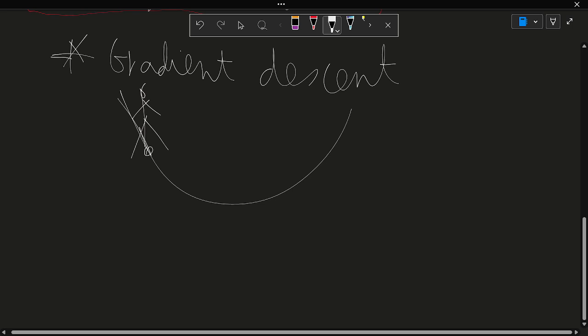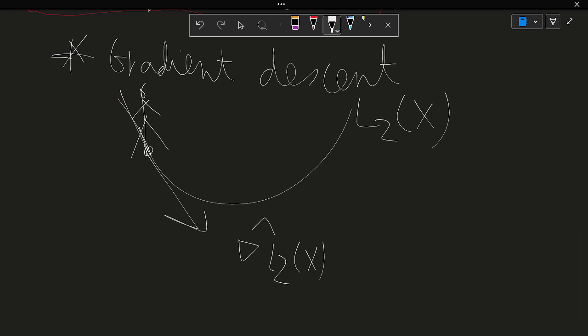The direction of the gradient tells you where to go, basically, right? The direction of the gradient actually tells you what you need to do, and if you assume that this is the curve of this guy, then this guy basically tells you where to go, the direction. It means you update.